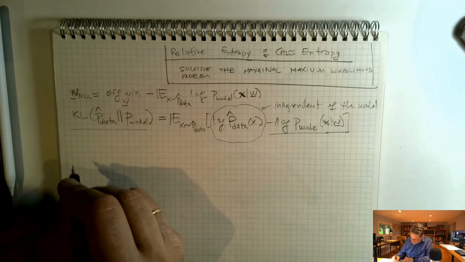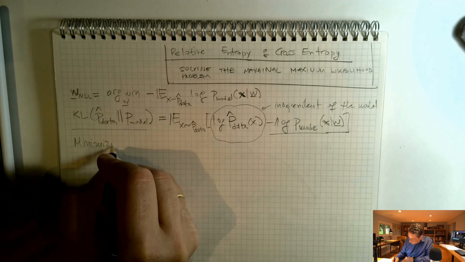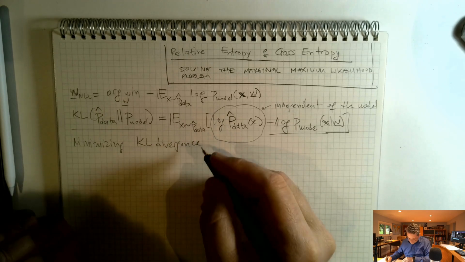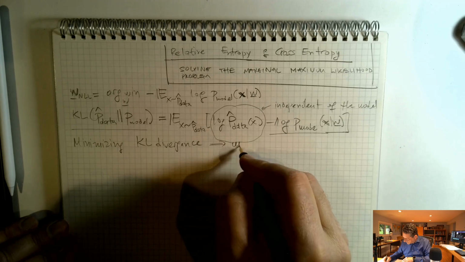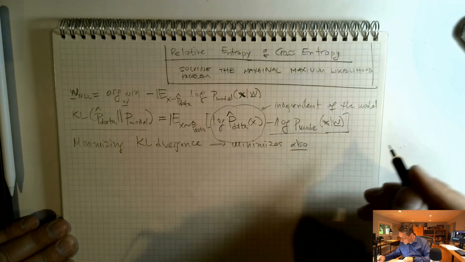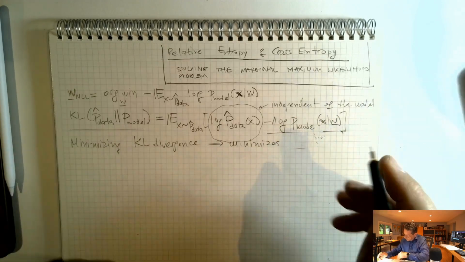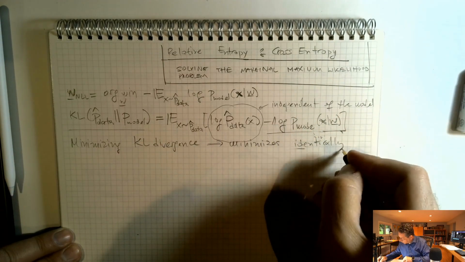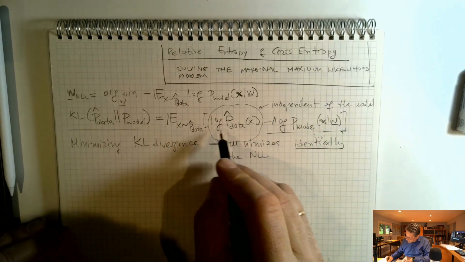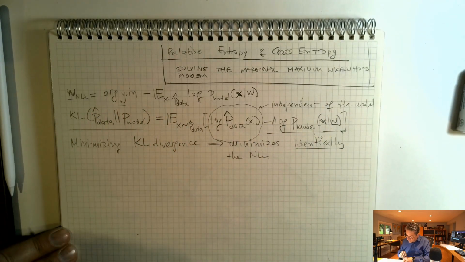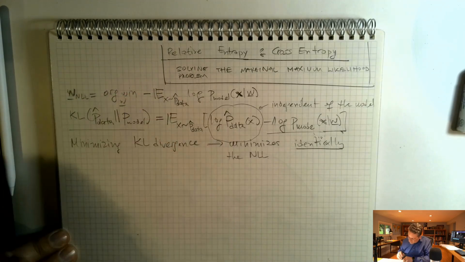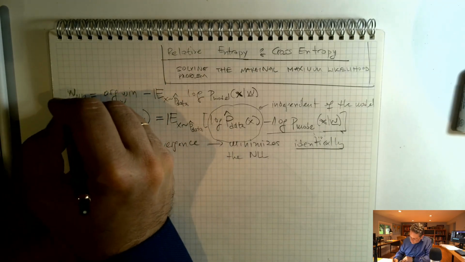So we can actually see that minimizing KL divergence effectively also identically minimizes the negative log likelihood, because KL divergence, if you ignore this term, is identical to the expression we got with the minimization problem where we posed to find the optimal set of parameters W. So this is what we called earlier also a W star.